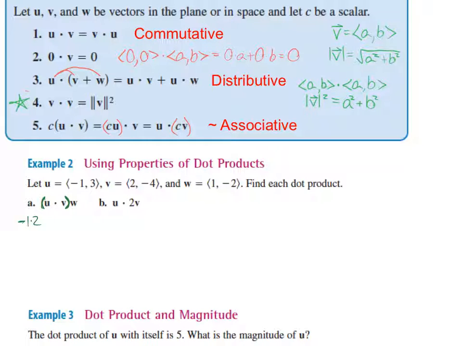So that's -2 minus 12, which is -14. Then I'm multiplying that by vector w, (1, -2), and we get our answer: (-14, 28).